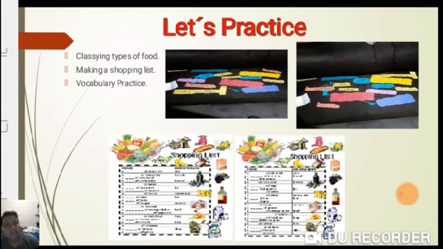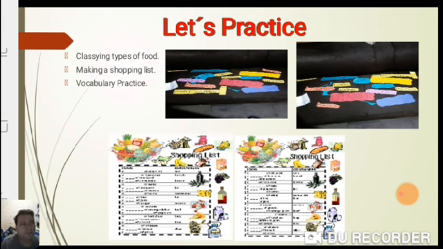And finally, in activity 3, I will ask students to practice the vocabulary through a worksheet, as I said before. And then I will ask them in this activity to write a shopping list. Firstly, I will provide them with different pictures and names of different types of food.